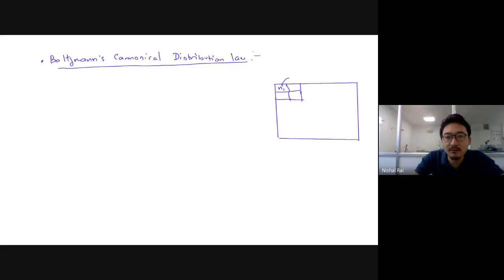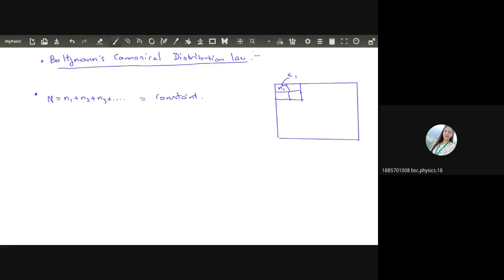N1 particles will have energy E1, and so on and so forth. So your total number of particles is N1 plus N2 plus N3 and so on, which is basically your constant. Clear? Is this point clear? Yes, sir.